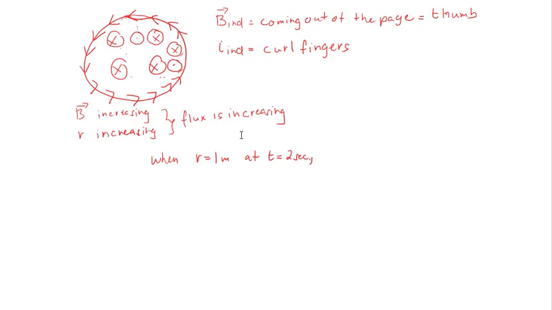The flux is increasing because of B increasing and R increasing.